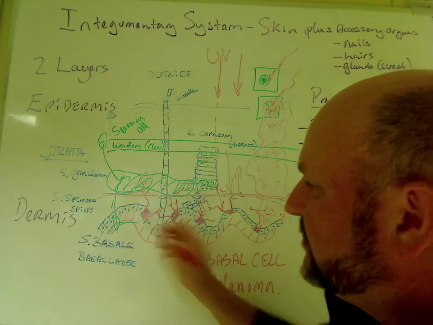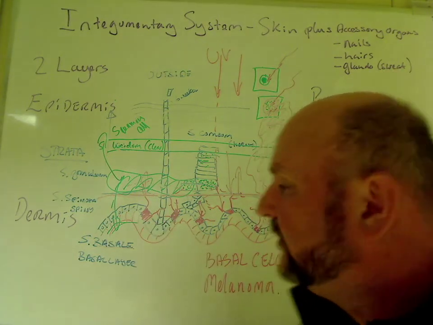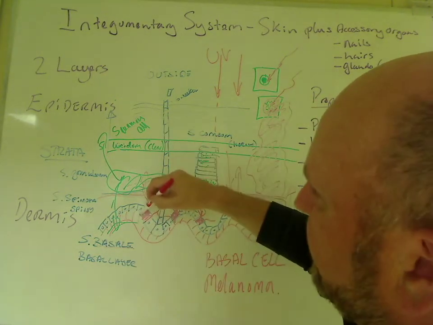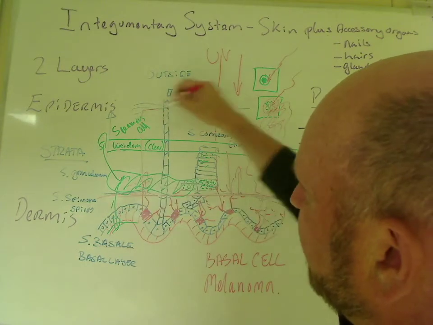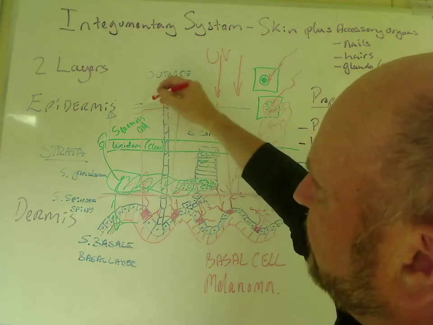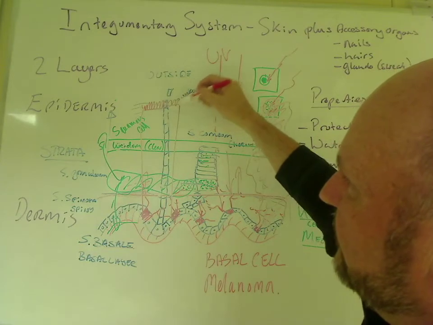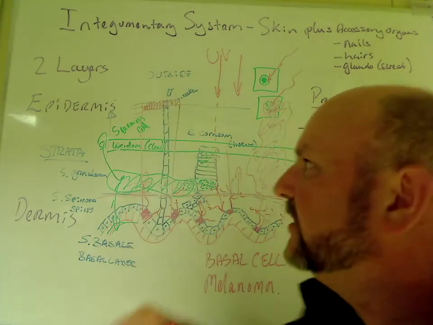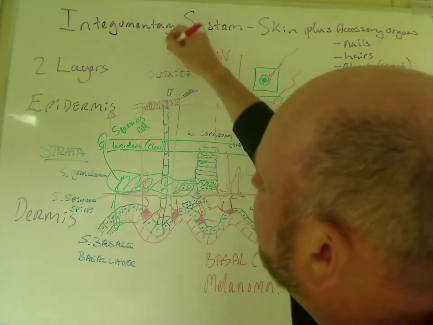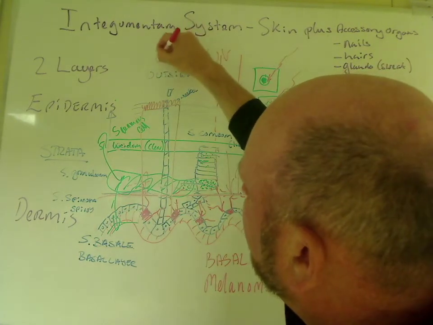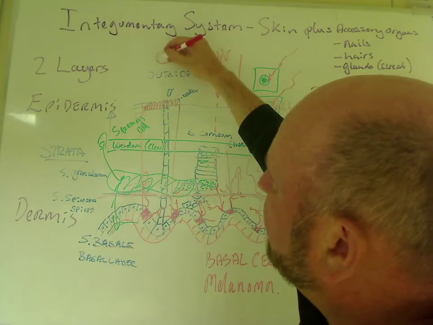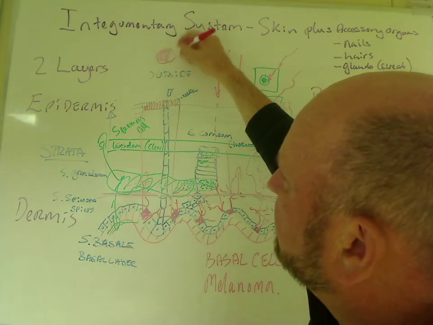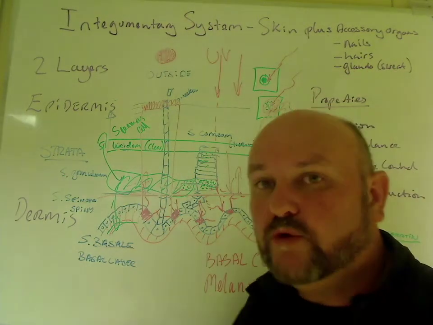Now, these usually give you a little bit of warning, because on the surface where the pigment is, you've got a fairly uniform and well prescribed area. So if you're looking from top down, it's a very, very clear outline and it's very uniform colour. That's a normal mole.